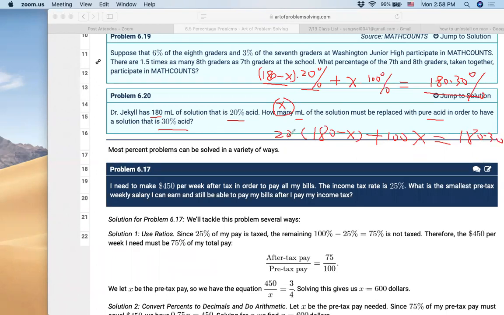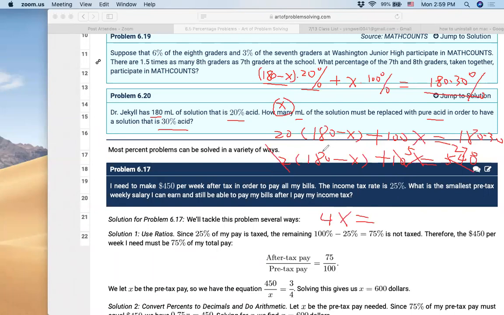So then both sides you can divide by 10. You get 2 times 180 minus X. Then plus 10X. This one will equal 180 times 3. That's 540. So we can also divide both by 2. This 5. This will be 270. So then we just merge the like terms, 5X minus X, 4X.